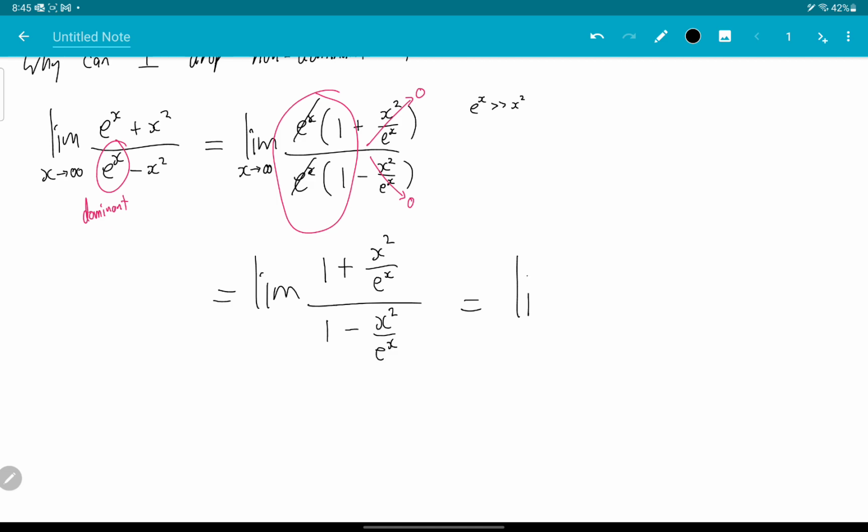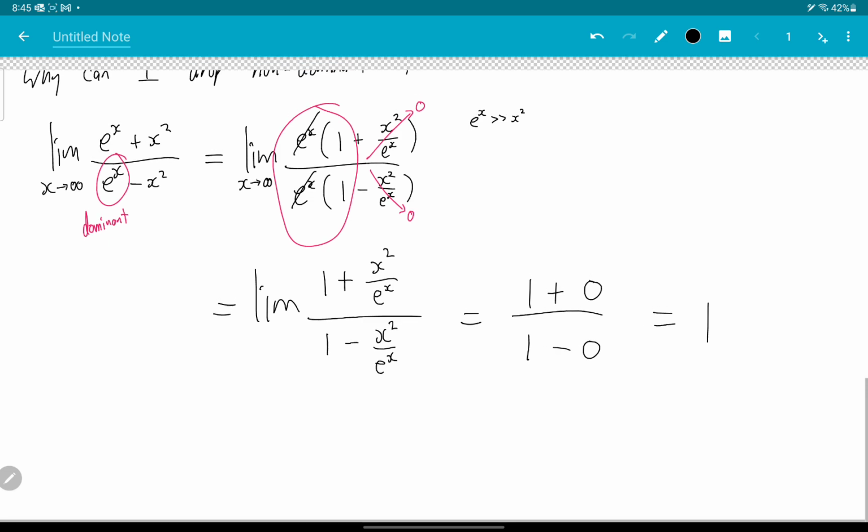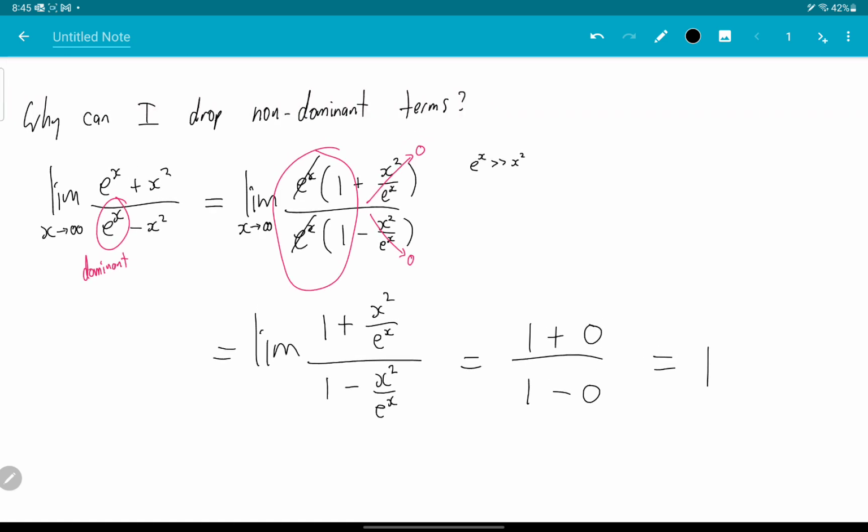And then now I can do my limit. On top I'm going to get 1 plus 0 over 1 minus 0, which is 1. So I hope you're convinced that dropping non-dominant terms is okay. So in the future, you can drop non-dominant terms.